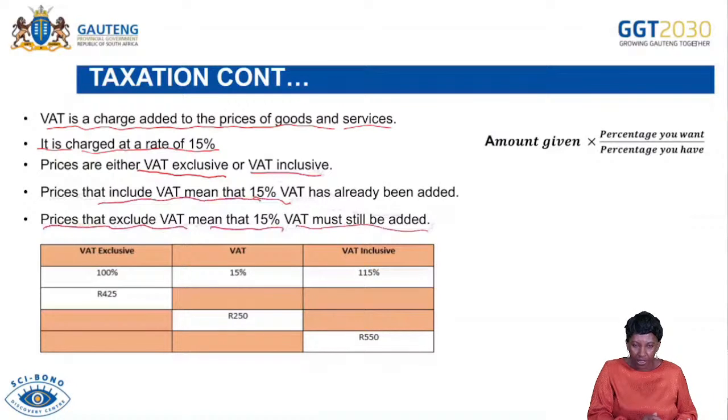When they invoice us, and there are certain shops that do this, they will show us the list of items that you bought and the prices excluding VAT, and then how much VAT has been added. They will add all these items excluding VAT, give you the total at the bottom, and then say 15% VAT.